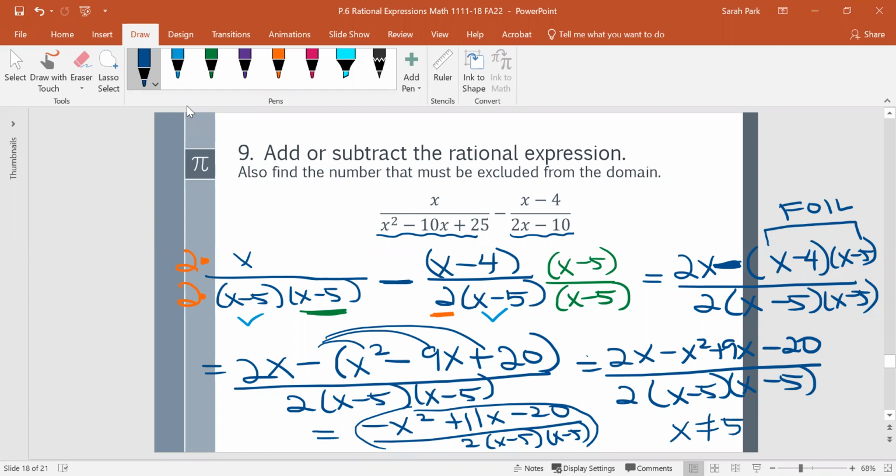Well, that's going to be positive 5. So we have just one single excluded value, 5.